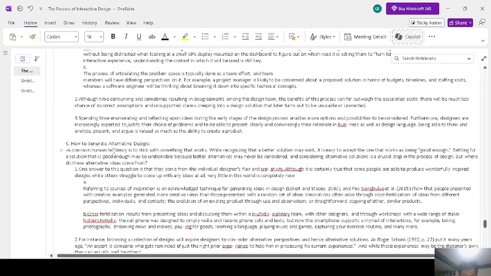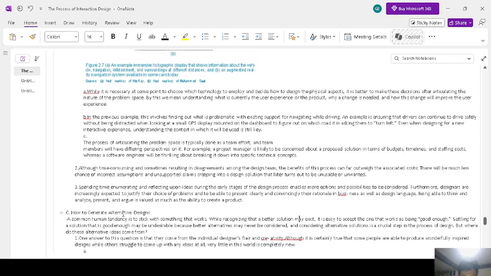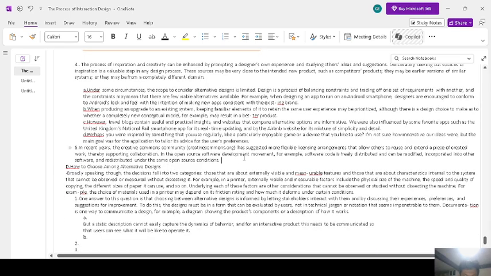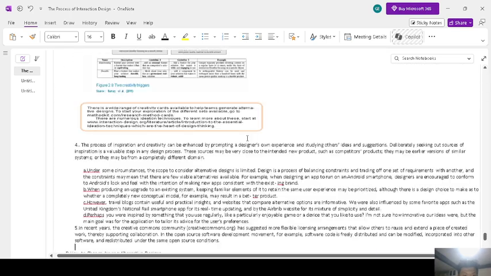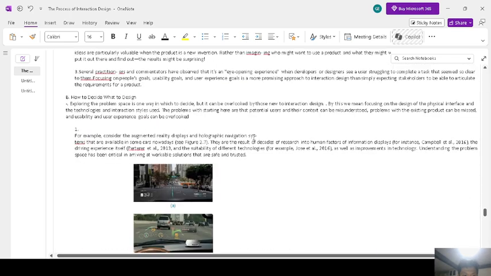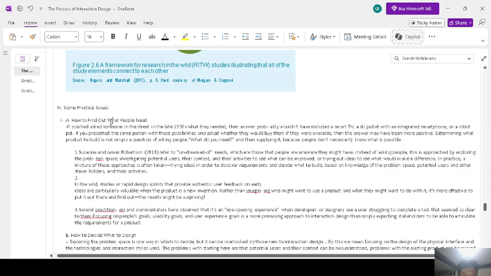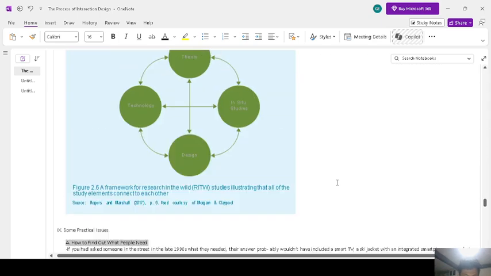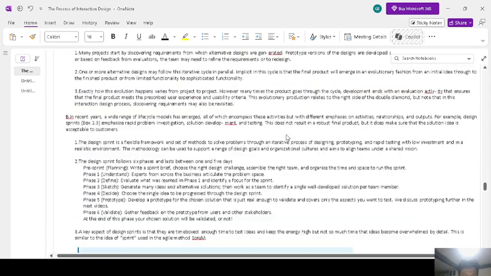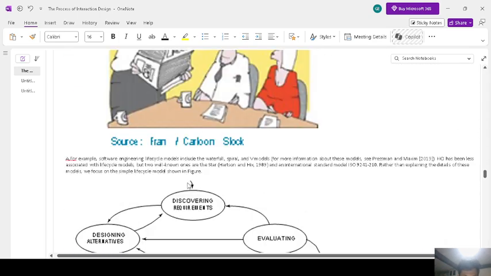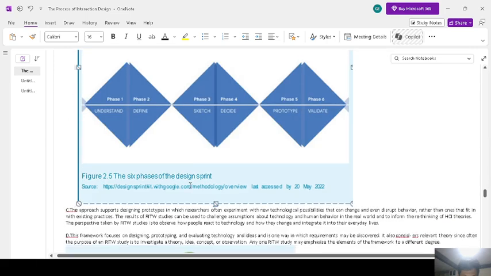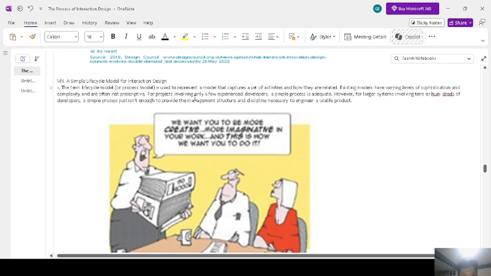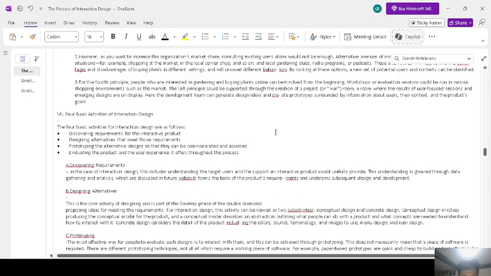So there, guys, we will continue with how to generate alternative designs. We discussed how to design, and we also discussed the life cycle model for interaction design.